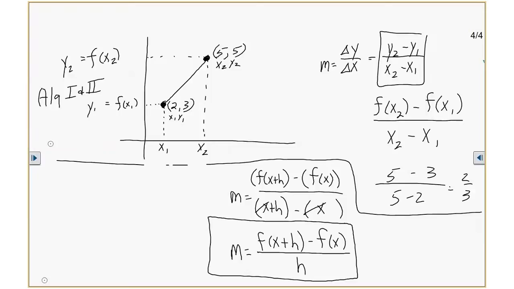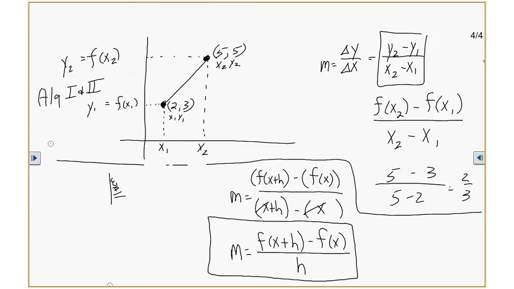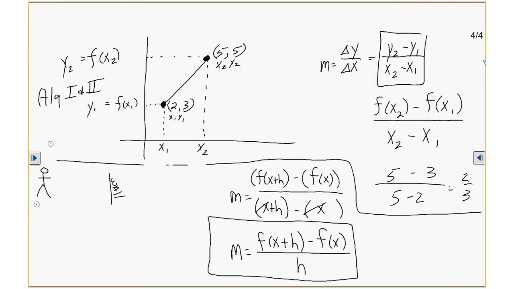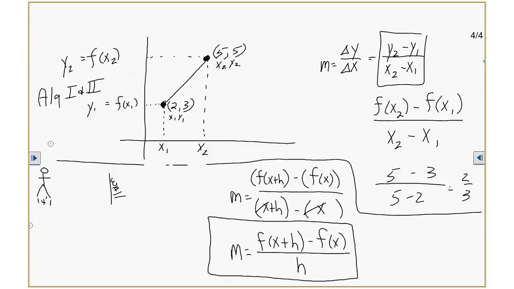And limits, here's a wall, and here's you, and you have a 4-foot stride, and you're supposed to work your way to that wall over there. And each time, you'd have to take half of the previous step.